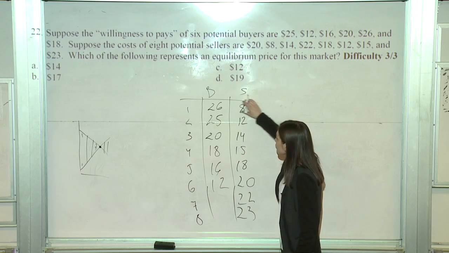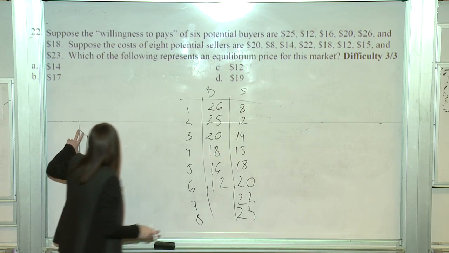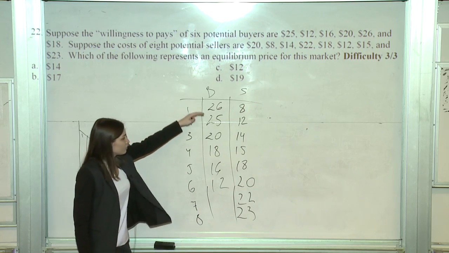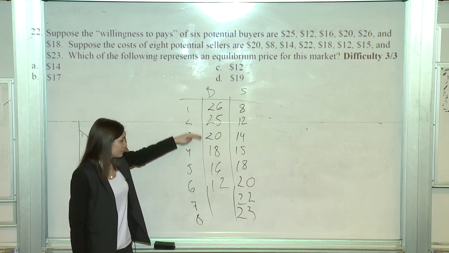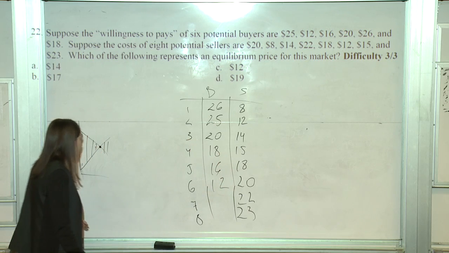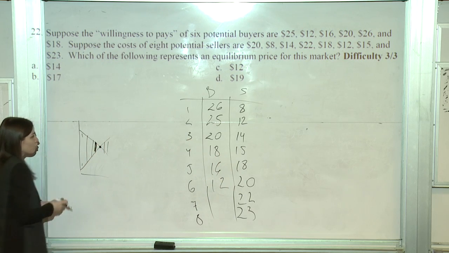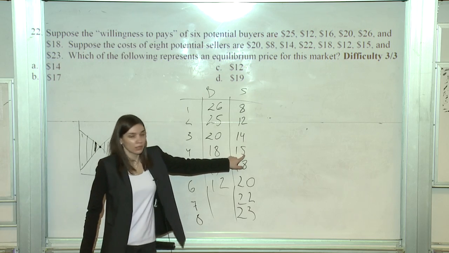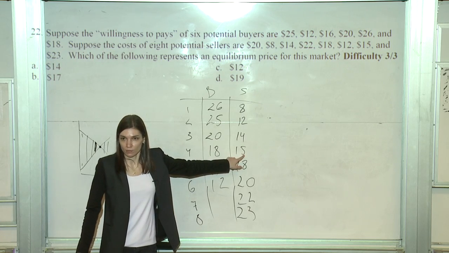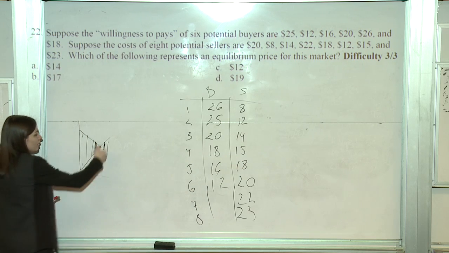Okay, so see what happens. The difference between the willingness to pay and the cost is highest here. And then as more and more people buy this good, the difference becomes smaller and smaller. And you see at the equilibrium point, on the left of it, at this quantity, willingness to pay is higher than seller's cost. And on the other side, after the equilibrium, it's vice versa.